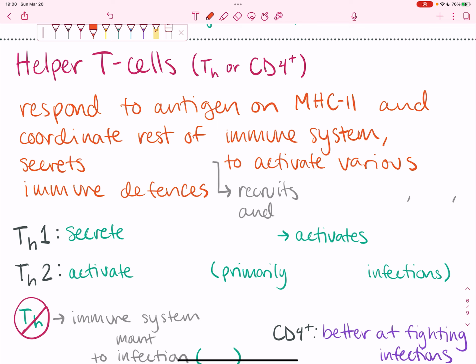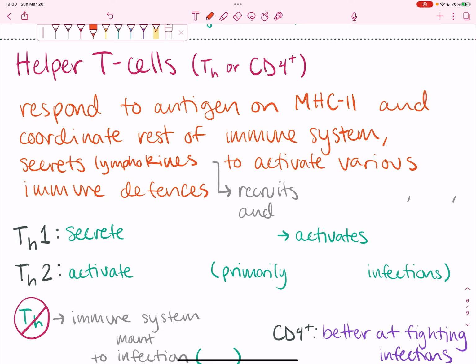They also secrete lymphokines that activate various immune defenses.